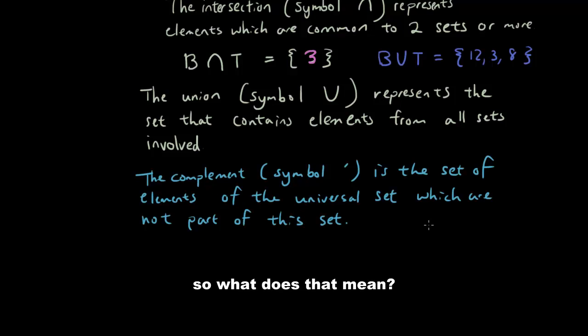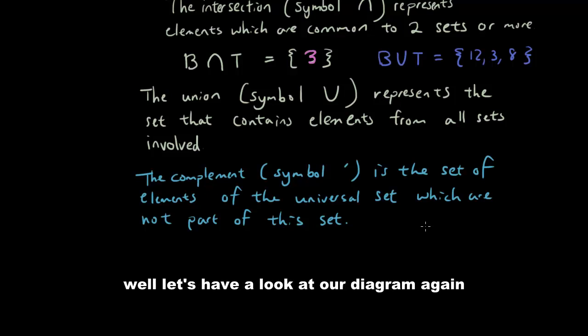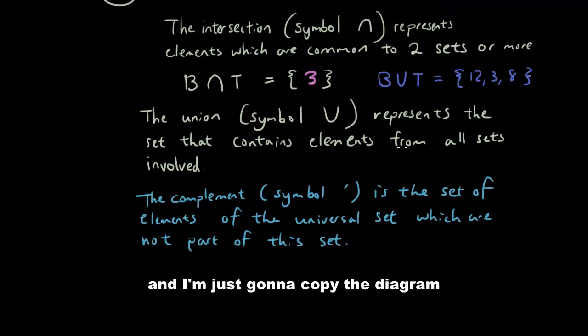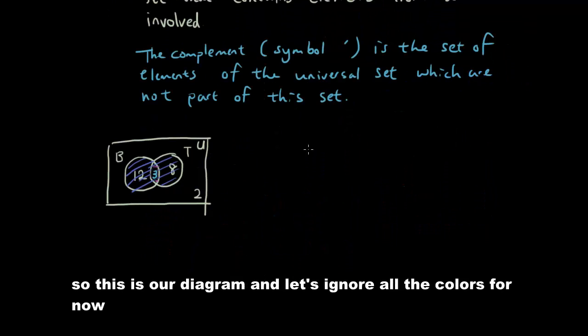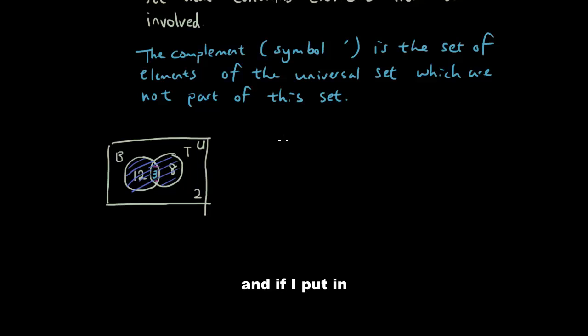So what does that mean? Well, let's have a look at our diagram again. And I'm just going to copy the diagram. So this is our diagram, and let's ignore all the colors for now. And if I put in the set B, if I wrote down the set B and I wrote an apostrophe, so B apostrophe equals.